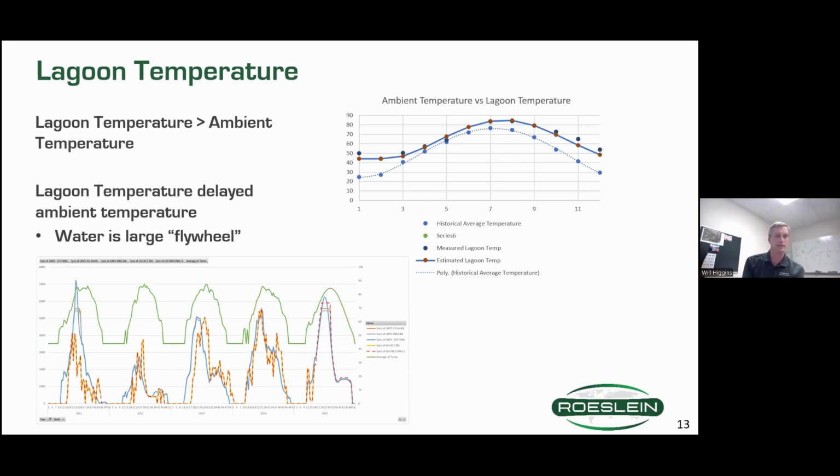You can see in this chart down here in the left-hand corner, this is a depiction of 4 or 5 years of gas production. The red and yellow is actual biogas production that we've had the previous 4 years at this site. And then the blue line is what we are modeling, how we're predicting based on ambient temperature, HRT, animal population.